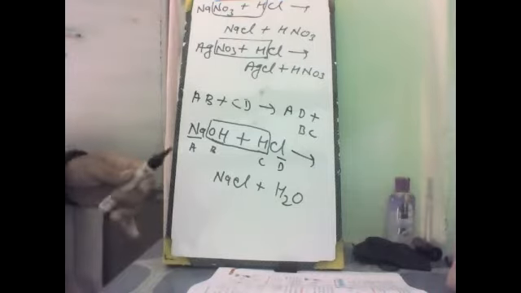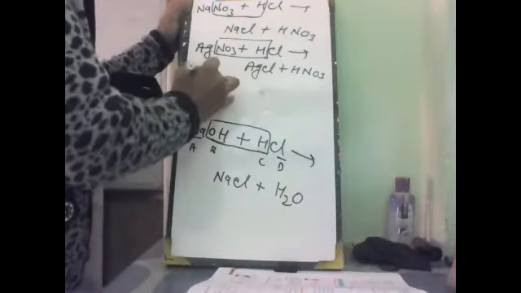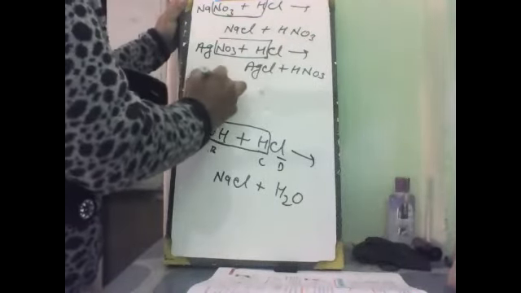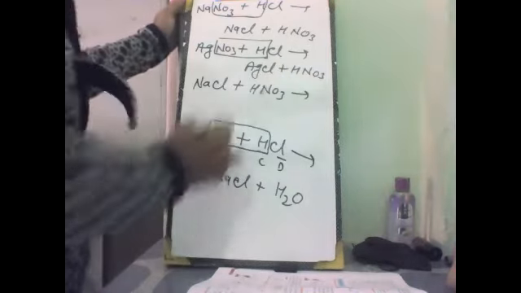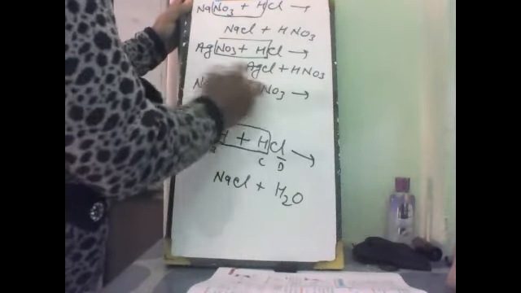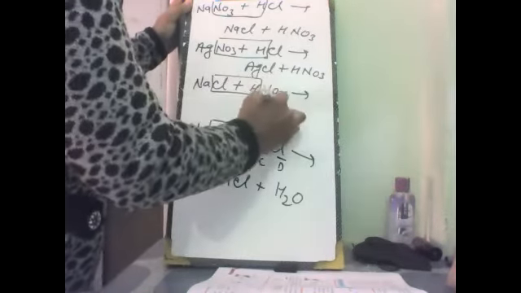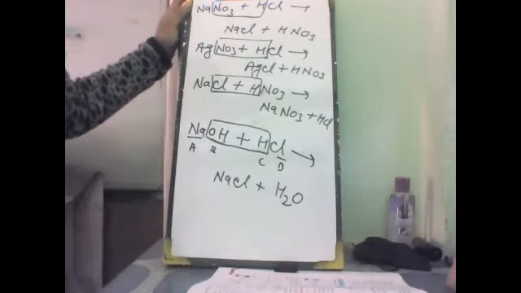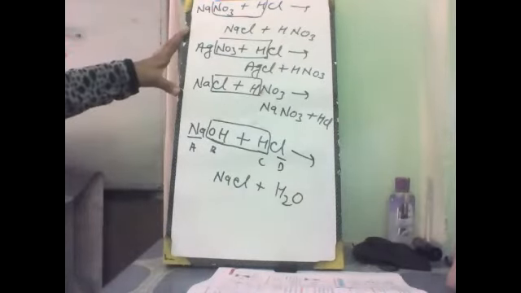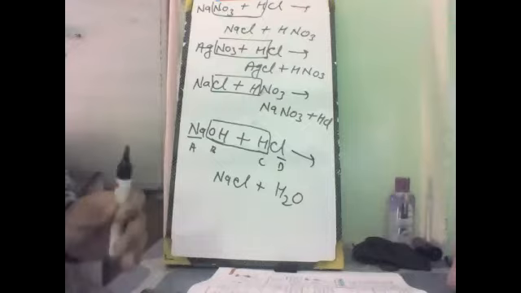NaCl reacts with HNO3. They form HCl and NaNO3, sodium nitrate and hydrochloric acid. These are the examples of double displacement reaction.